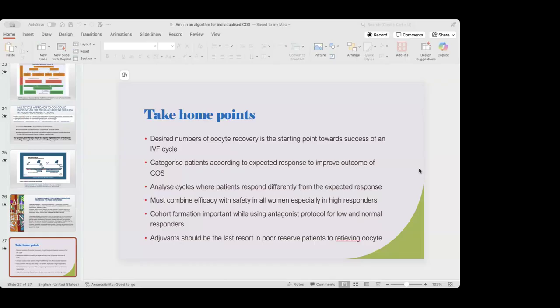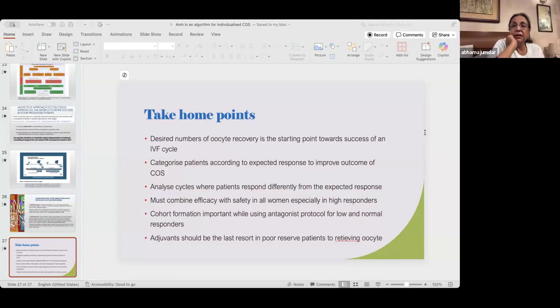Dr. Divya Jetwani wants to know, is there any effect on oocytes if we use HMG instead of recombinant FSH? Are granular oocytes more common? Divya, all the studies across the world have shown HMG is equivalent to recombinant FSH.